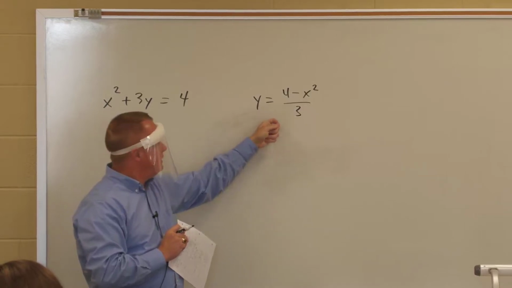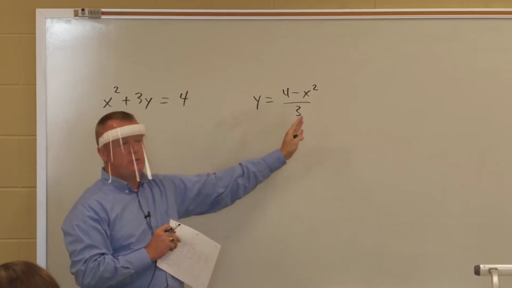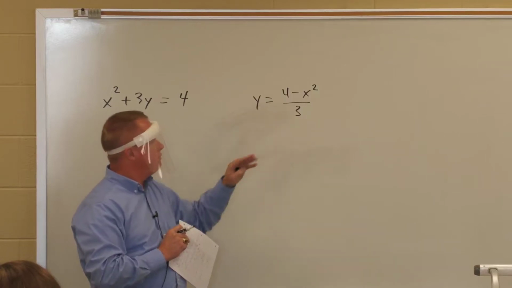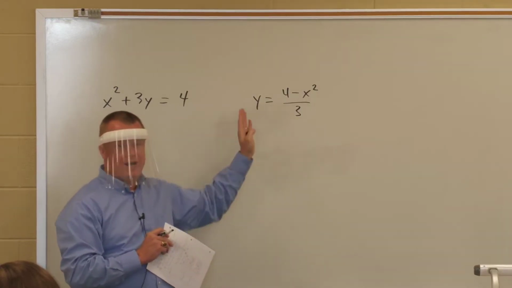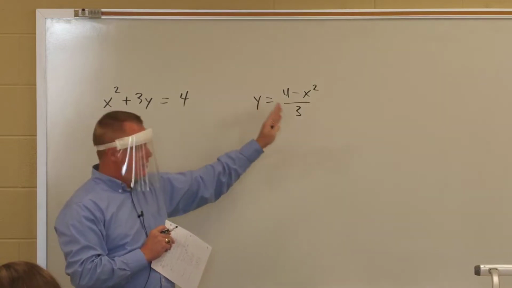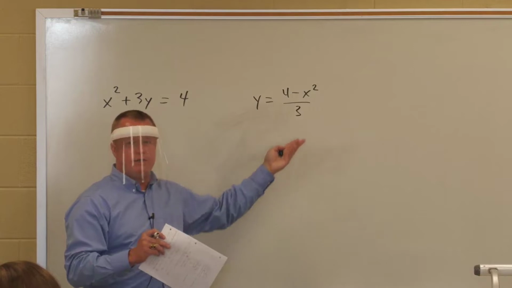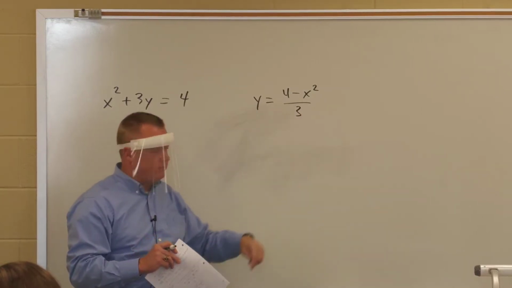Everything we've done up to this point as far as derivatives has been these type of equations where it is a function and y is by itself, and we just take the derivative of the right side, and then do the other side, okay?